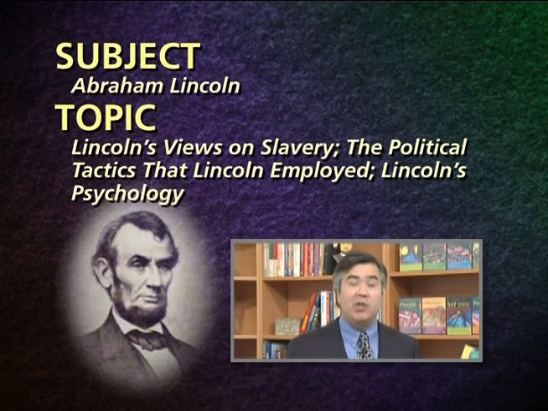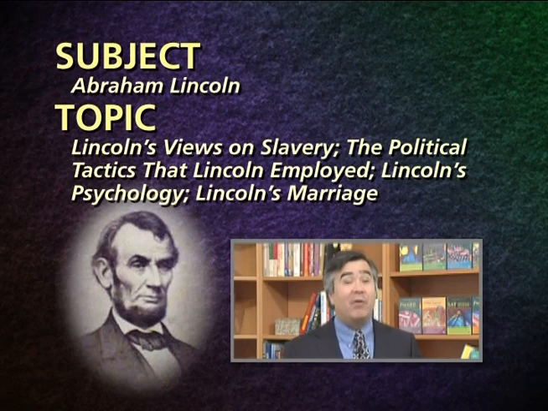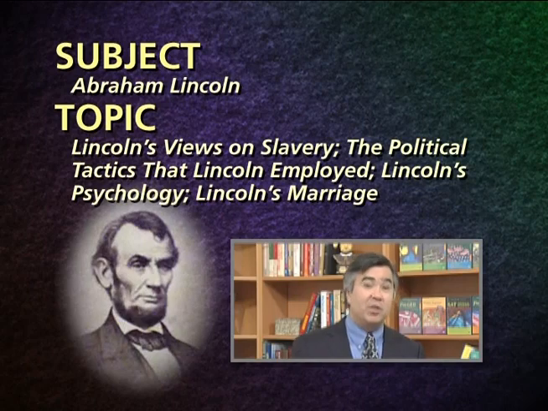You could write about that. You could write about Lincoln's marriage. There are any number of specific topics within the broad general subject of Lincoln that you could choose to write about. What they all have in common is that they take that broad general subject area and define a much more narrow area of interest within the broad subject, and that's the topic.